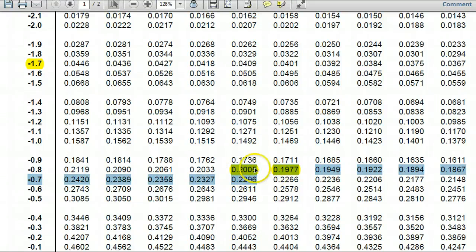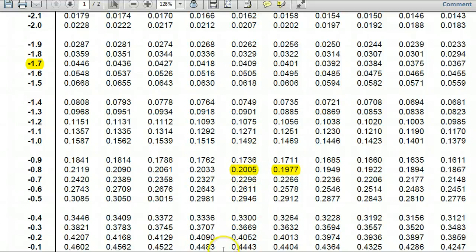Now, if I forget about the decimal point for a second, I have 2005 and 1977. Which one of these is closer to 2000? Okay, obviously 2005 is only 5 away, so that's going to be closer.